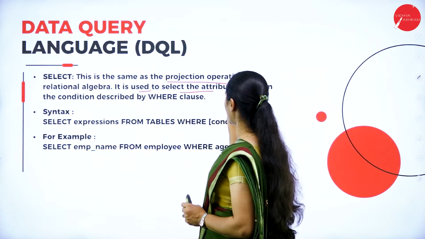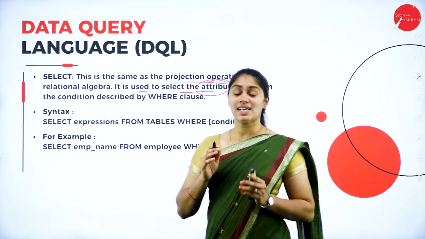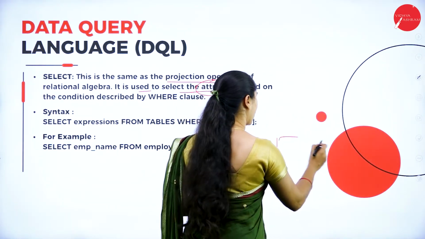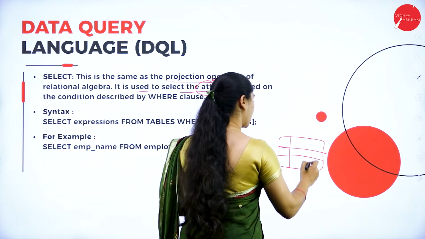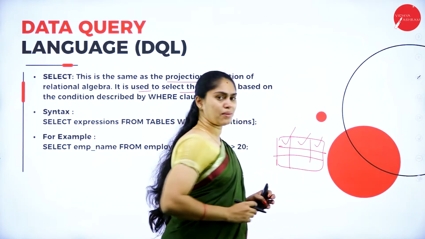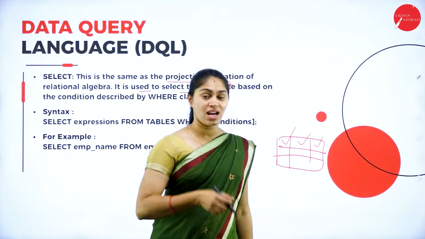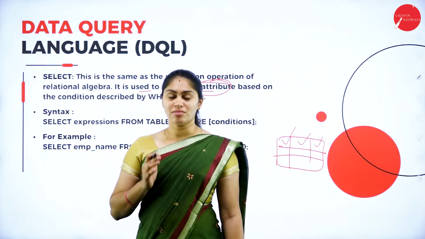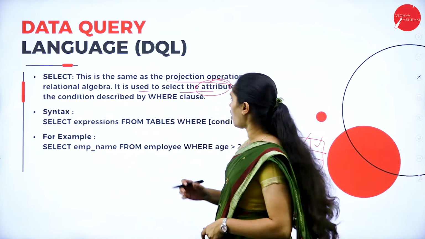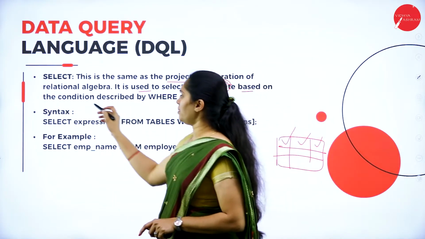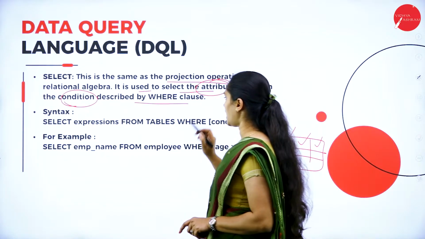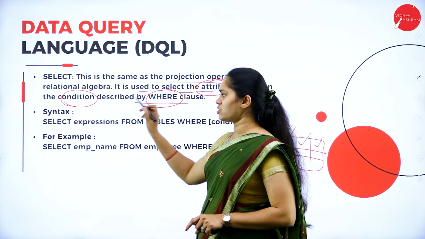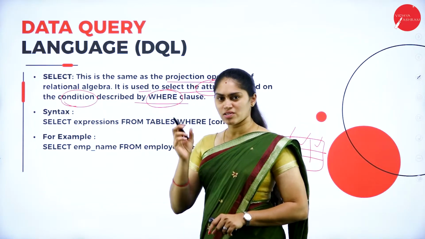Mainly it is used to select the attribute. We are selecting the attribute. We are not selecting the rows. We are selecting the columns. Remember, we are selecting the columns, and whatever values we have in the column will arrive by default. But we are fetching a column or attribute based on the condition described by the where clause. By making use of this where clause, we give a certain condition.